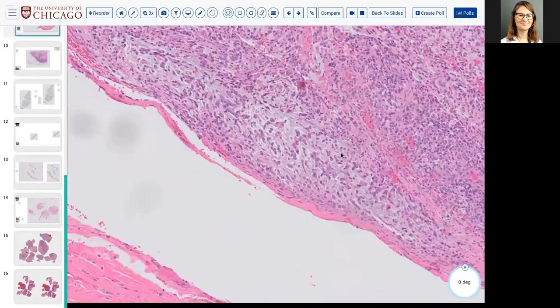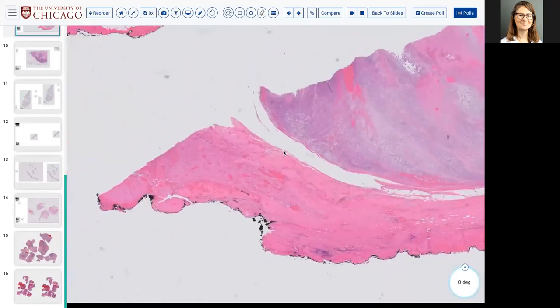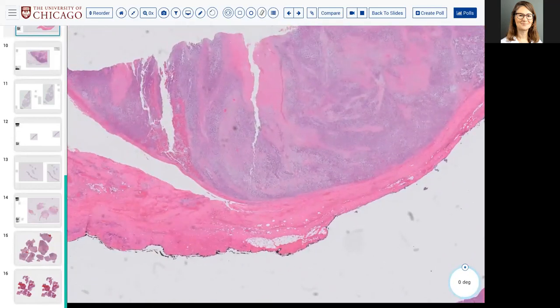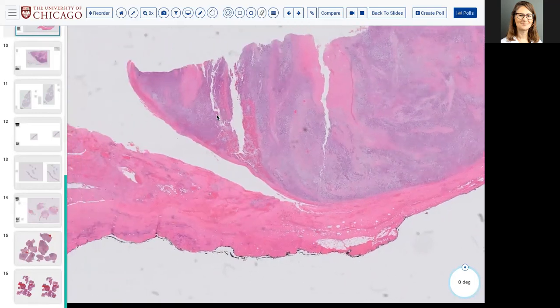You'll have to determine at that point whether it's benign or malignant. Does that make sense? That algorithm that I put in the chat applies for myoepithelial tumors of any site, whether they be salivary gland, bone, or soft tissue.